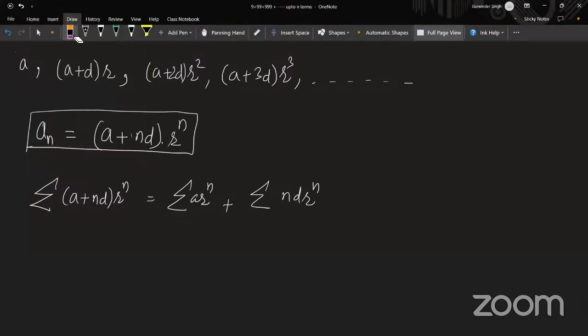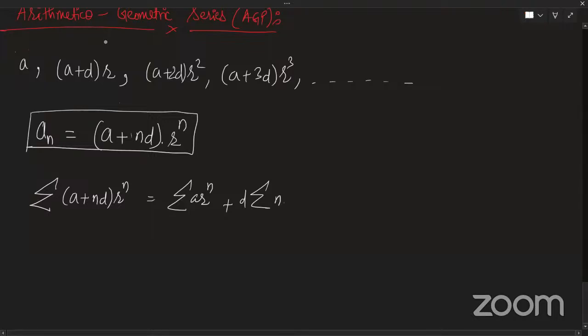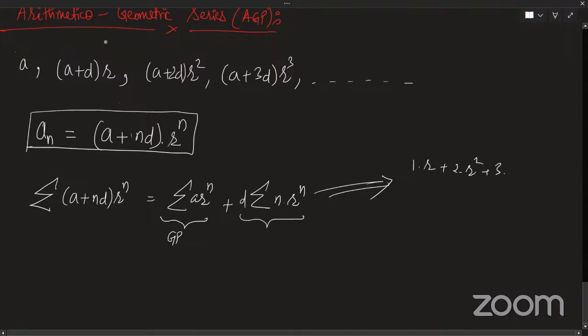Even if I take my d outside, it is d n into r raised to n. So this first term is very easy. It is a GP. But what can you do about the second term? Your second term is neither a GP nor an AP. It is n into r raised to n. Basically, it is something like 1 into r plus 2 into r square plus 3 into r cube, and so on. So it is neither an AP nor GP.